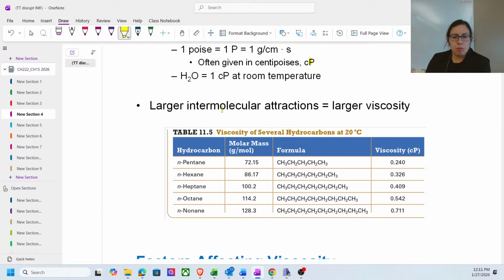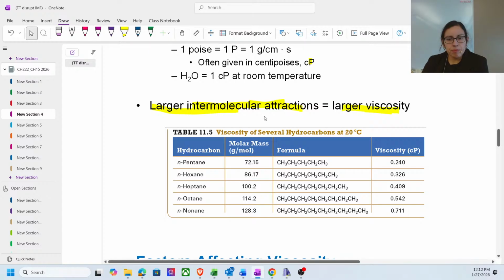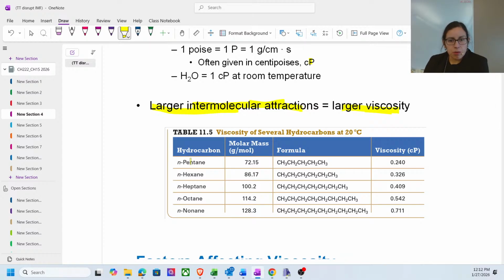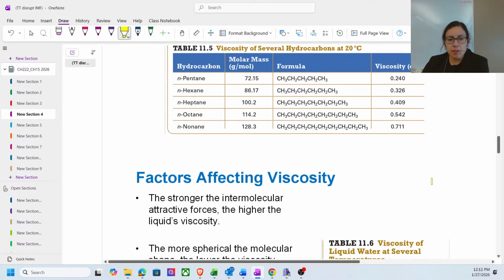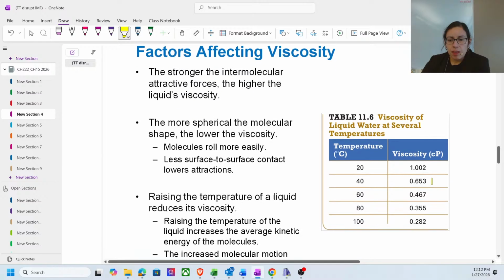The trend we want to take away: larger intermolecular attractions equal a larger viscosity. So pentane has a pretty low viscosity of 0.24, and then nonane, one of our higher hydrocarbons, 0.71. That's just telling us whether it flows or not. So the stronger the intermolecular forces, the higher the viscosity.